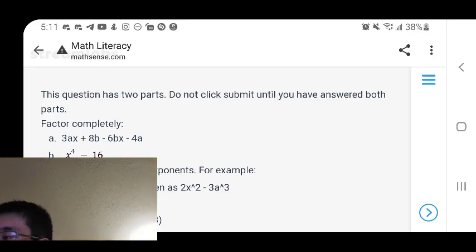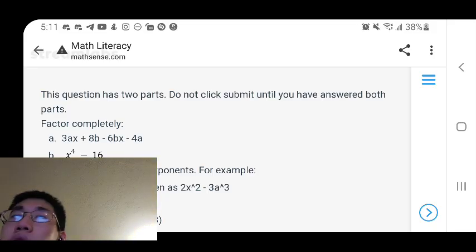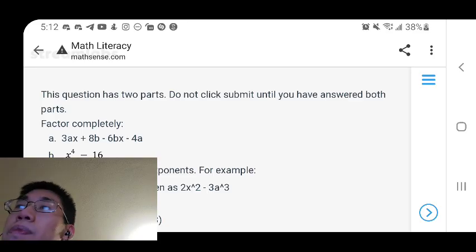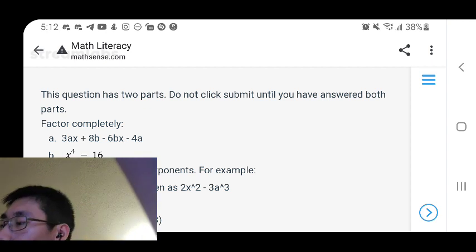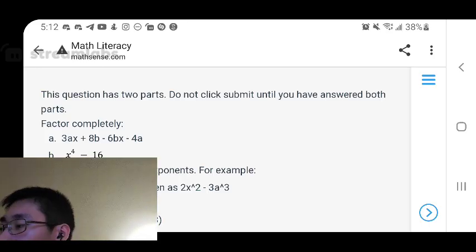I think you can't get more simple than that. And then the next one is x squared plus 4, space, x plus 2, x minus 2.